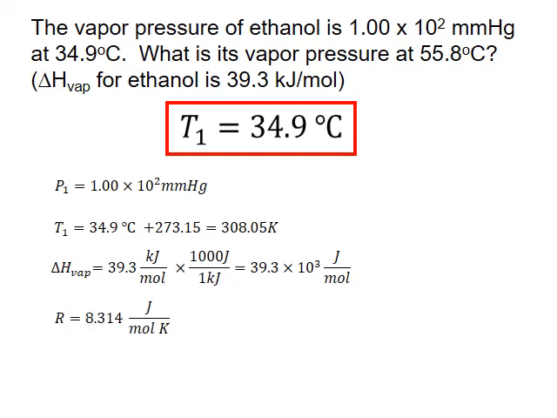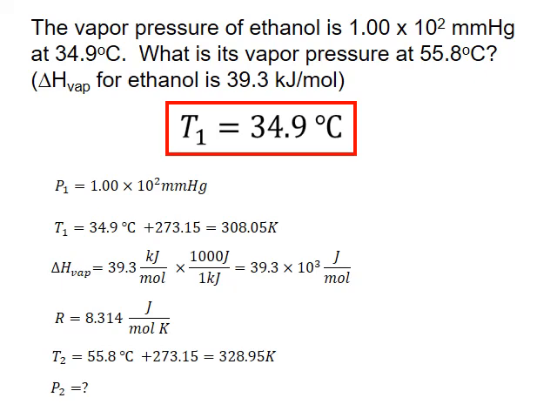R is the ideal gas constant. We always use 8.314 joules per mole Kelvin for this particular equation. T2 must be the second temperature, 55.8 degrees Celsius, or 328.95 Kelvin. We are solving for the vapor pressure P2 at this temperature.